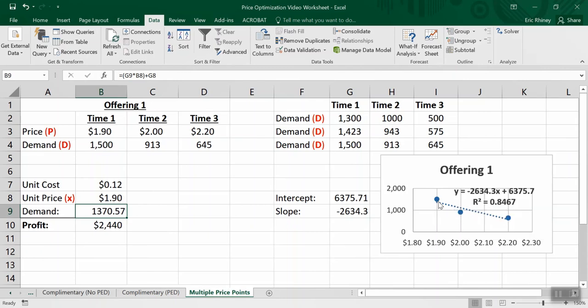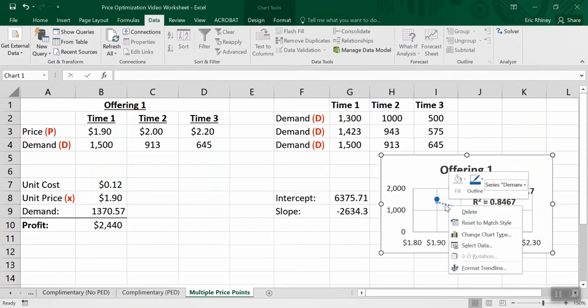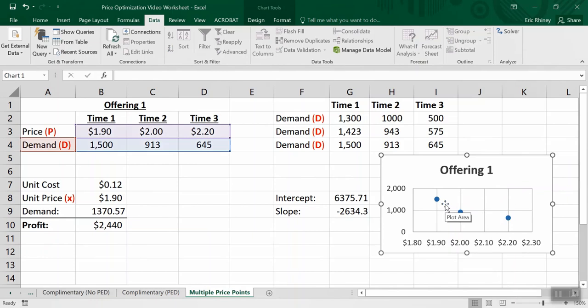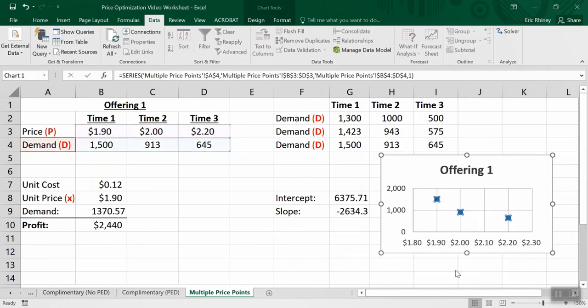So instead of using a linear equation to explain this, we can see that there seems to be some curvature going on in our demand curve. All right. So instead of using this line, I'm going to delete this trend line, and I'm going to right mouse click, add trend line.